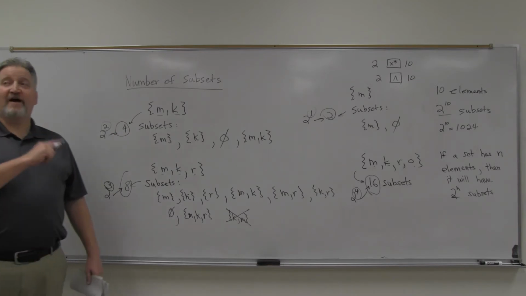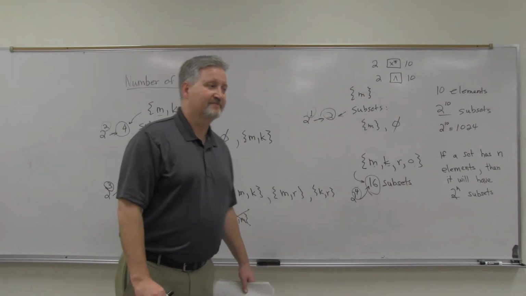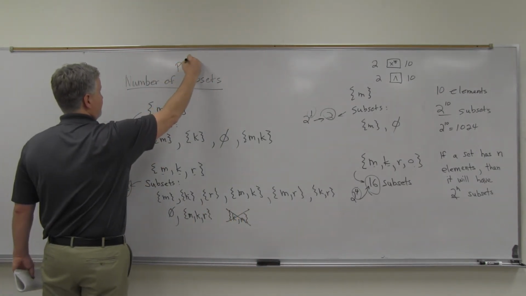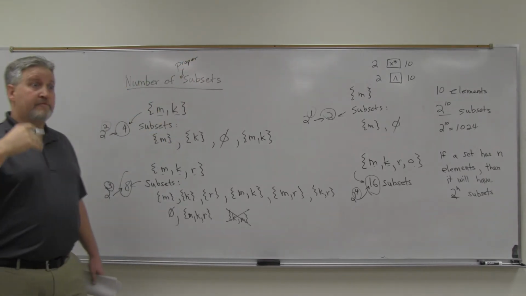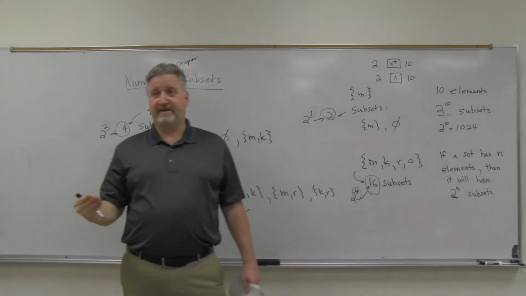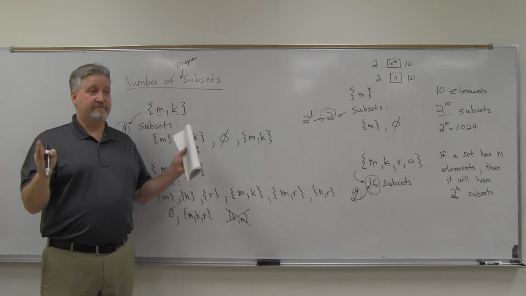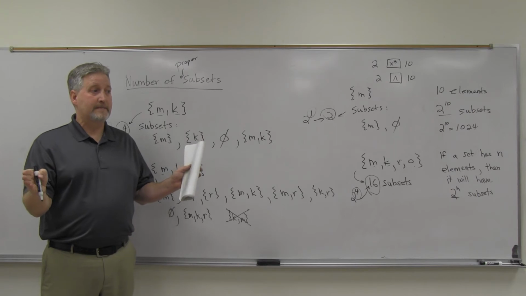Now, while we've got this up here, let's also notice this other thing, and that is the number of proper subsets. Remember, a proper subset has to be a subset but smaller. It can't be equal to the set itself.